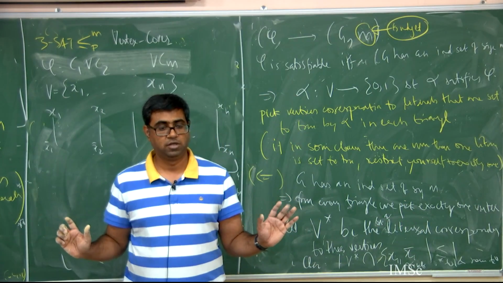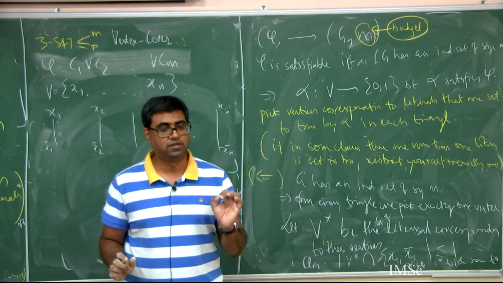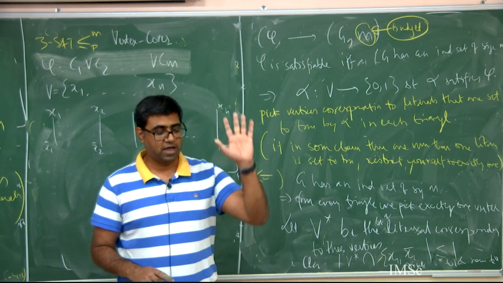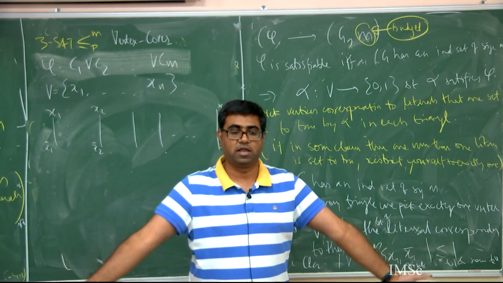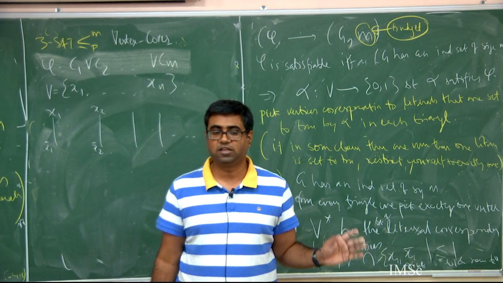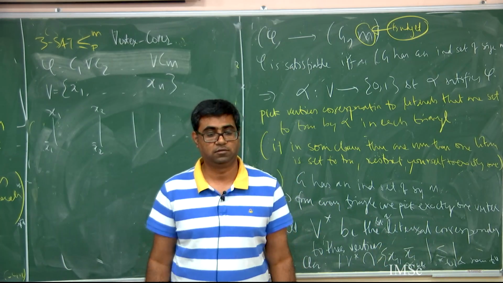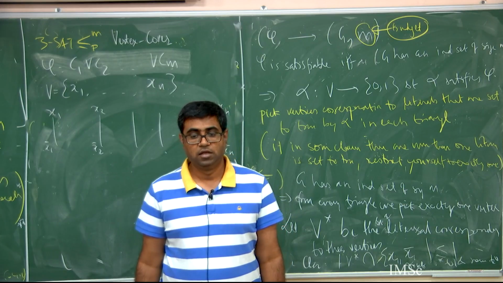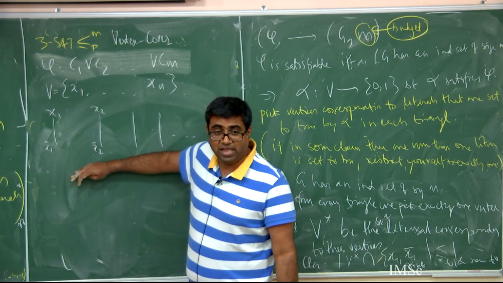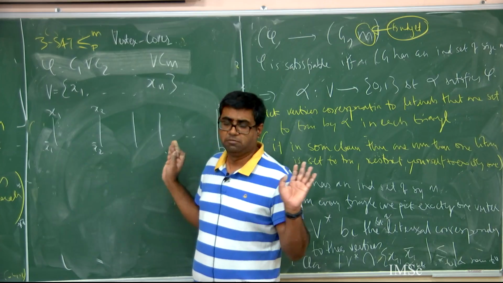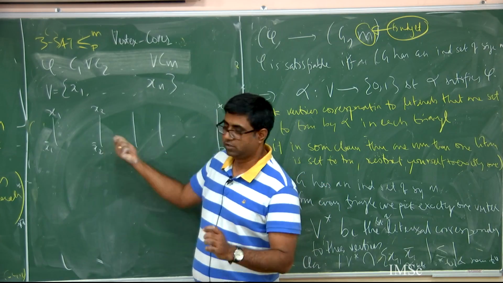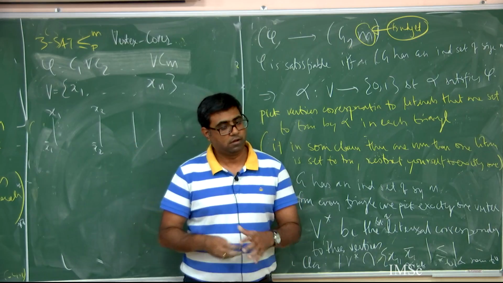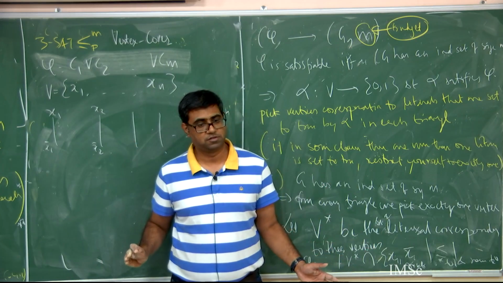That's it. It's your clause gadget whose job is to ensure that if I start with a satisfiable formula, then only a satisfying assignment can propagate. If I start with an unsatisfiable formula, nothing can propagate, right? They in themselves should be able to do all the job. And this is how we make most reductions.